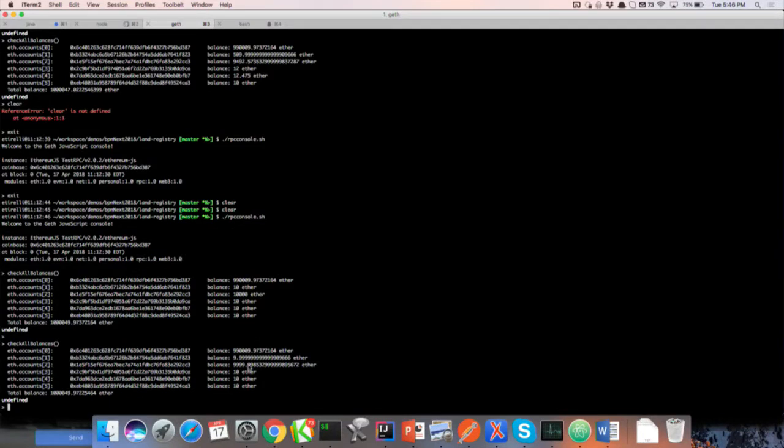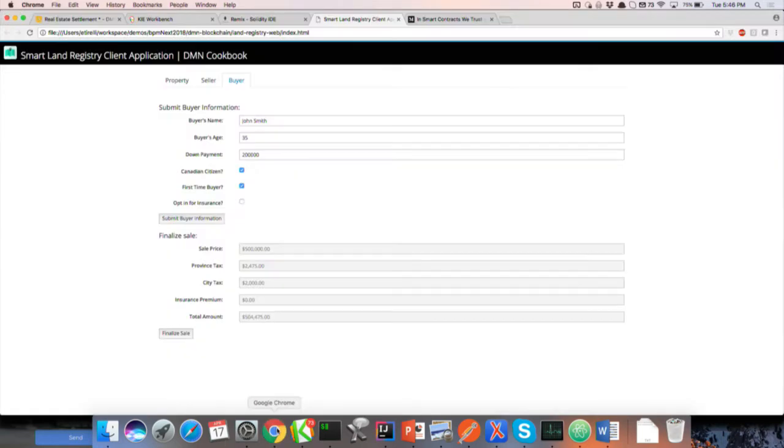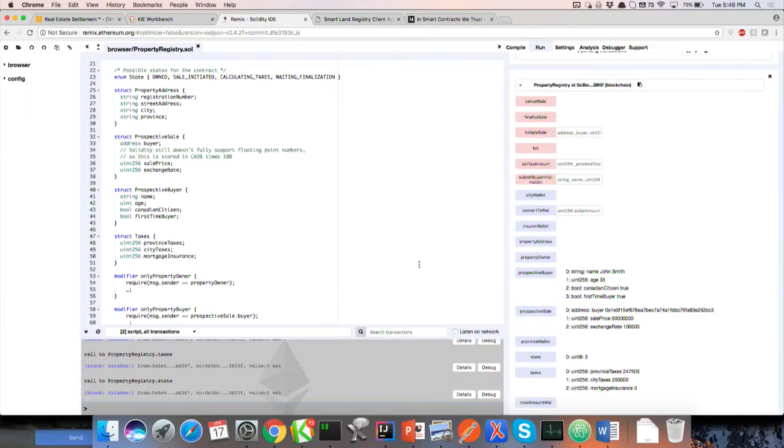But now he will pay, and just for ease of calculation, we set the exchange rate to Ether at 1,000. So 500,000 will be 500 Ether. So he will transfer 500 Ether to that seller.